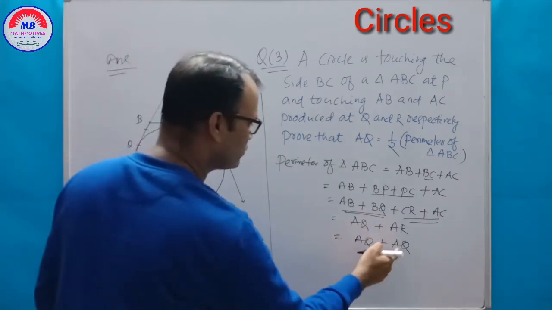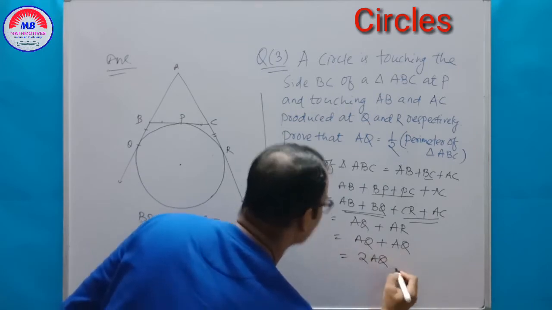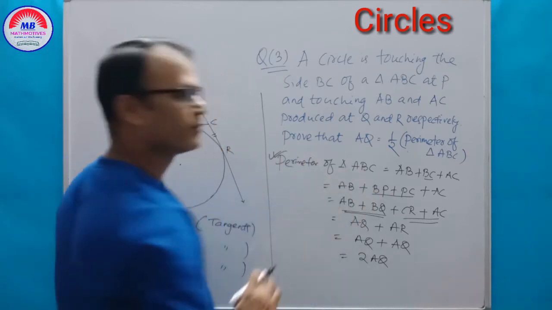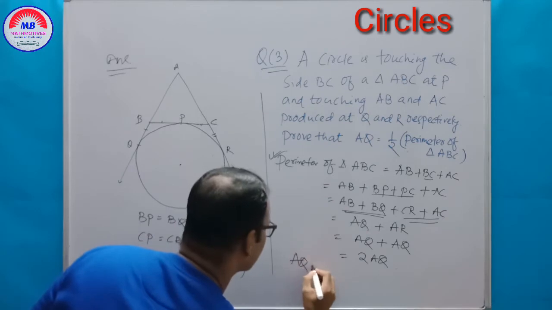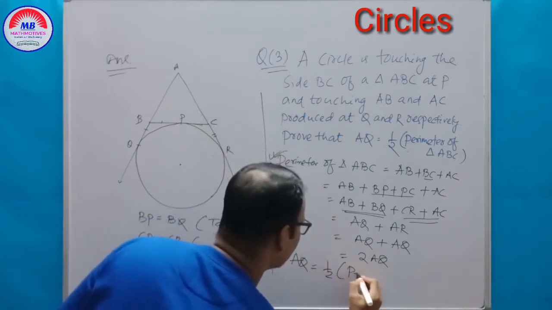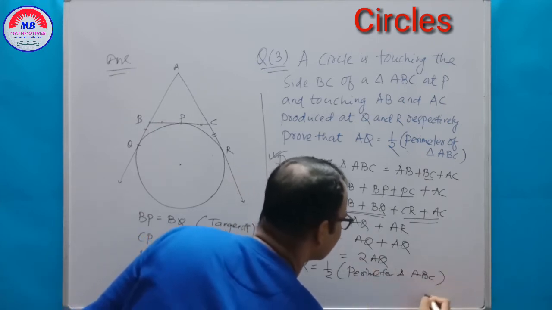In place of AR we can put AQ. So AQ plus AQ, 2AQ, is equal to the perimeter of the triangle. So AQ equals half the perimeter of triangle ABC. Proved.